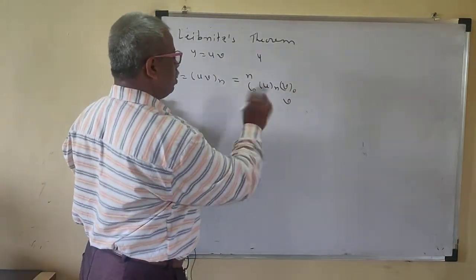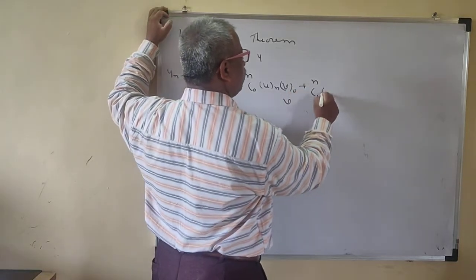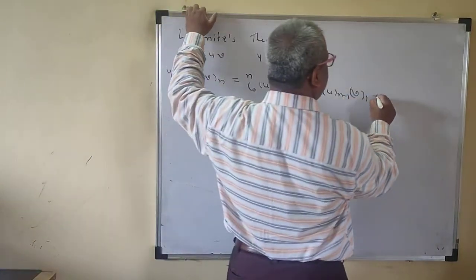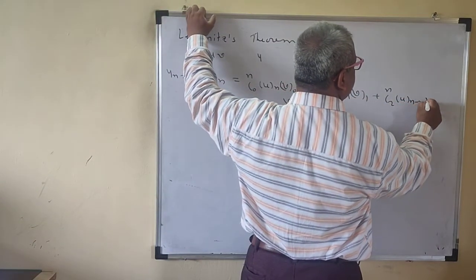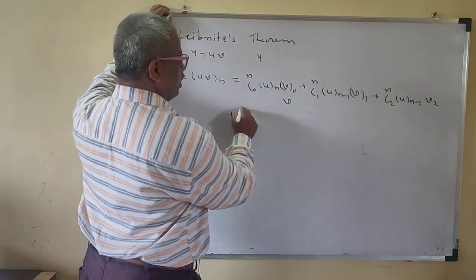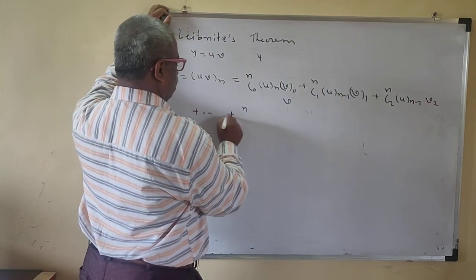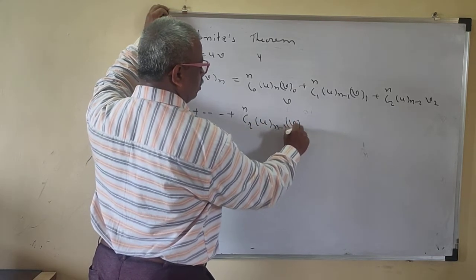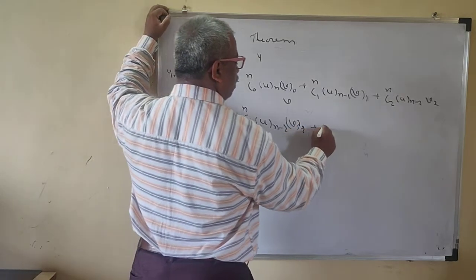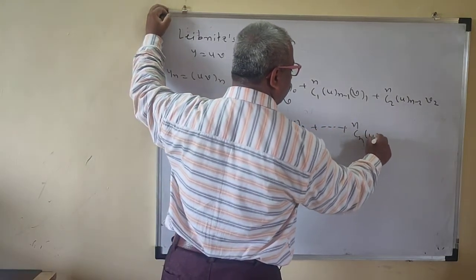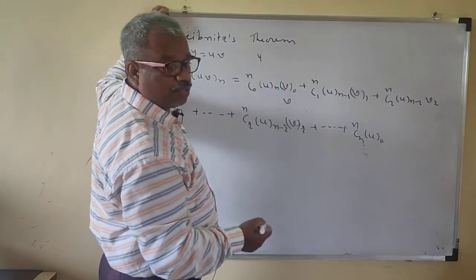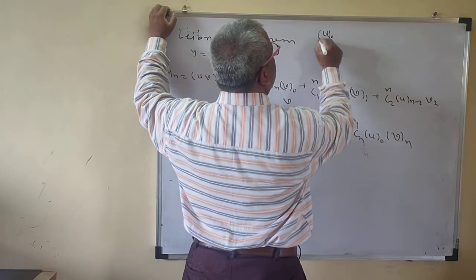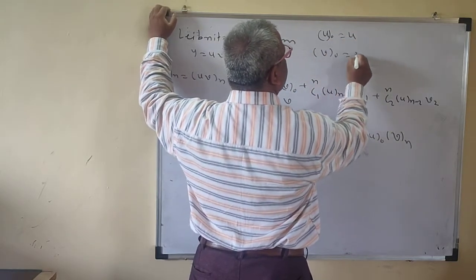So you may write this as plus nc1 u^(n-1) v1, plus nc2 u^(n-2) v2, plus, you should remember this, ncr u^(n-r) vr, plus ... plus ncn u^(0) vn. The 0th derivative of u is simply u, so you may write u0 is simply u, v0 is simply v.